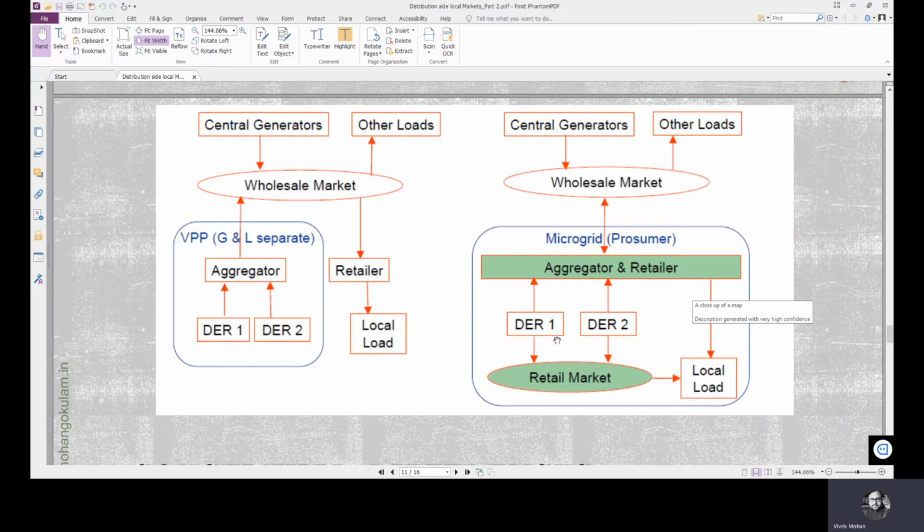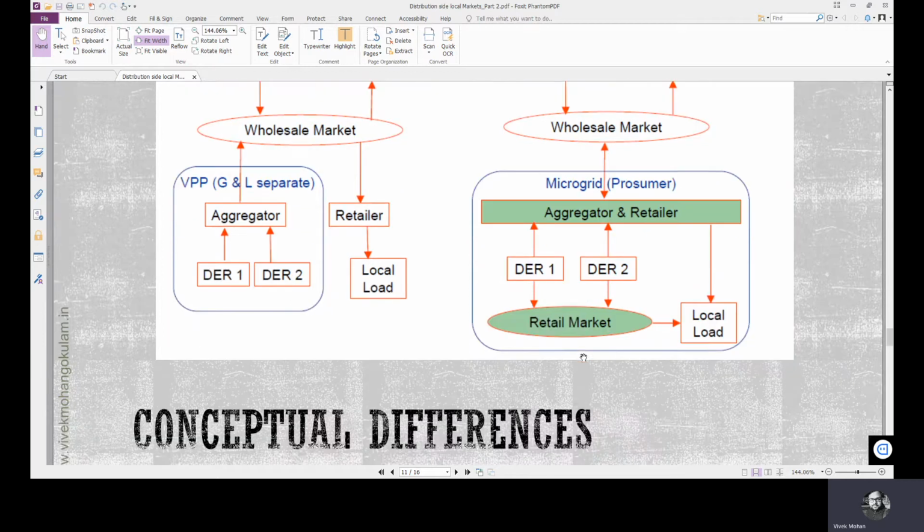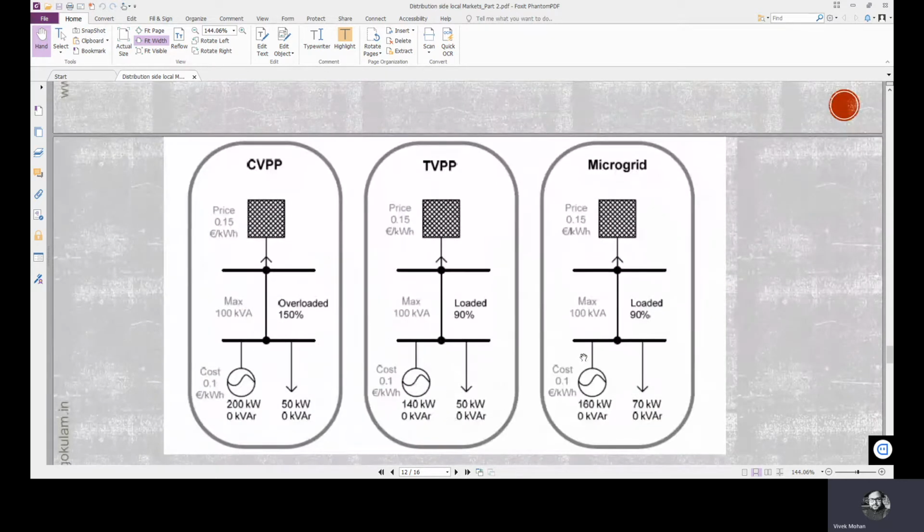Whatever is the demand of the local consumer is expected to be satisfied from the local DERs through the aggregator. If there is a deficit in power, he can take it from the wholesale market just for balancing. Here local generation is encouraged more. So more flexibility is there in the case of microgrid. That we'll see with another example.